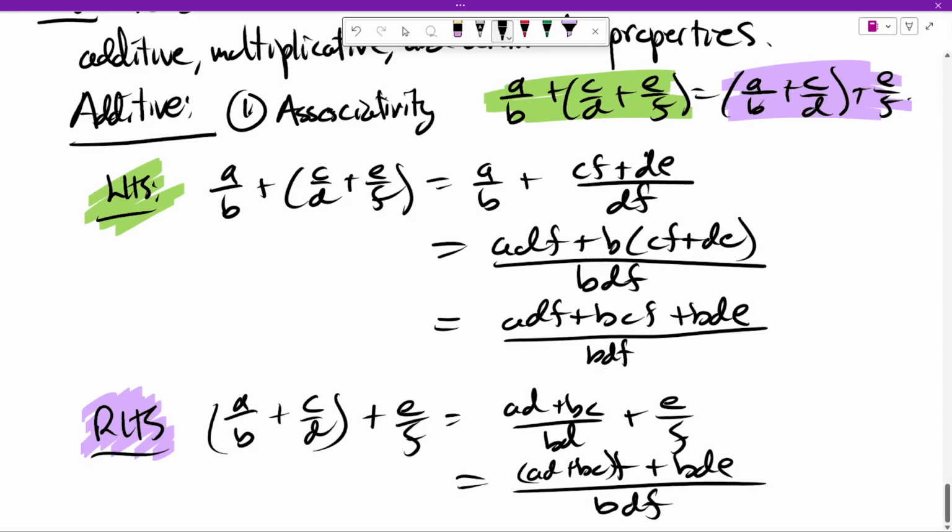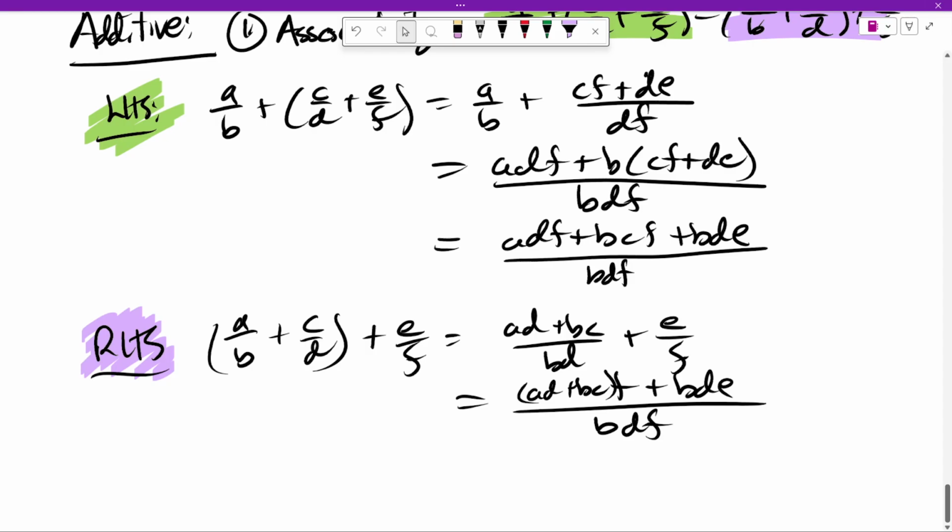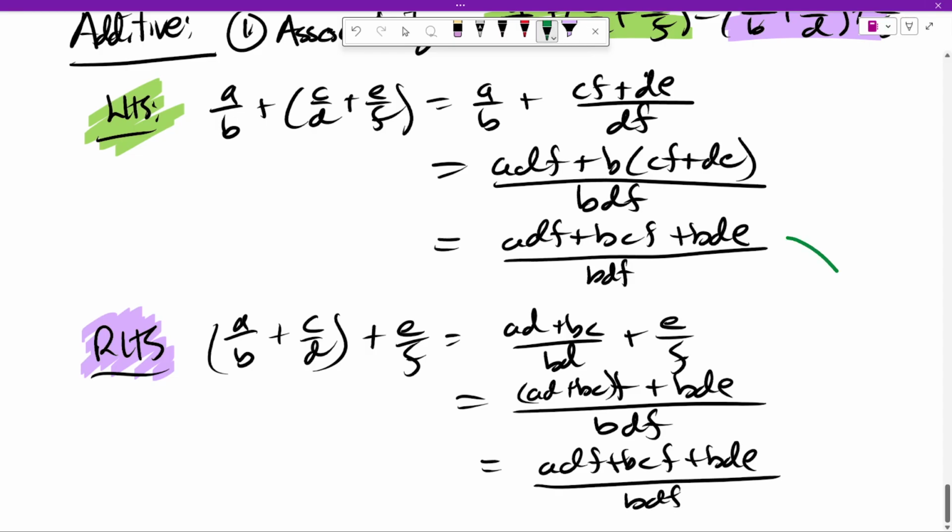And lastly, we can multiply our F in. So we get ADF plus BCF plus BDE all over BDF. And sure enough, these are equal. So the left-hand side and the right-hand side are equal, so it's associative.